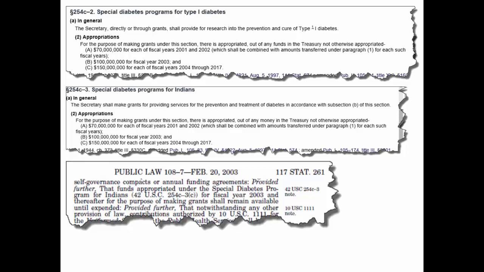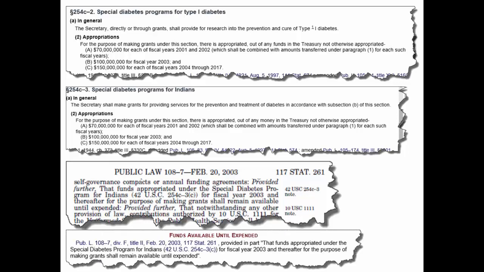This is another good reason to check for permanent appropriations in the U.S. Code. If they have been codified, all relevant amendments will ultimately be identified in the codification. Note, for example, this addition to 42 U.S.C. 254c-3.